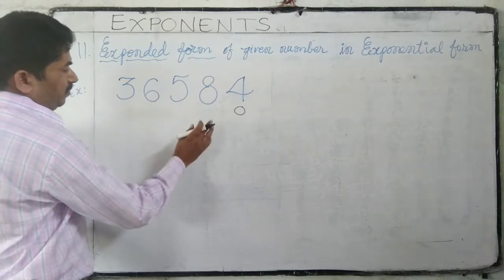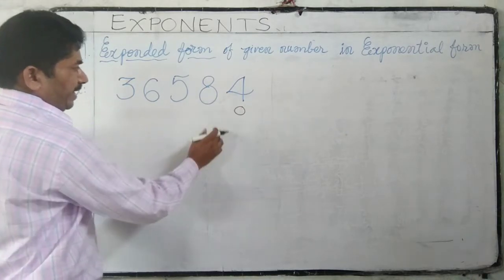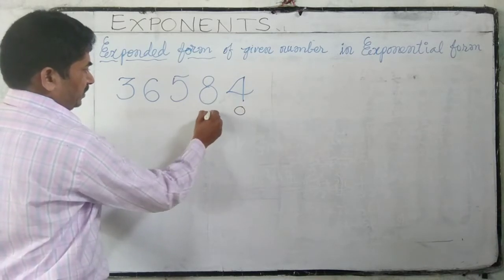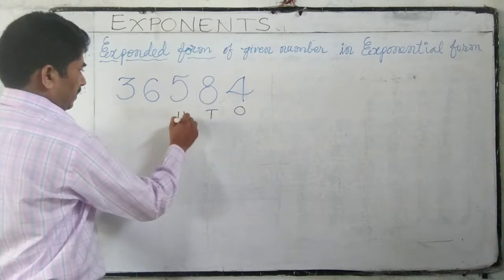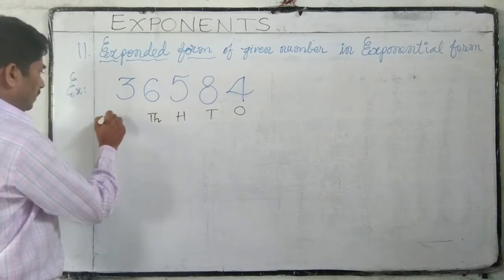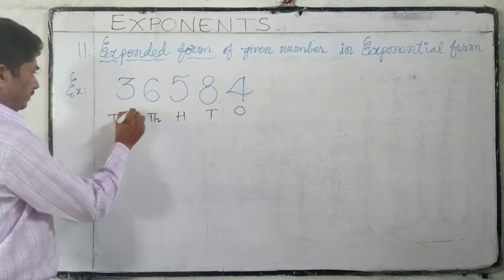36,584. First we have to indicate the name of the places: ones, tens, hundreds, thousands, 10,000s.